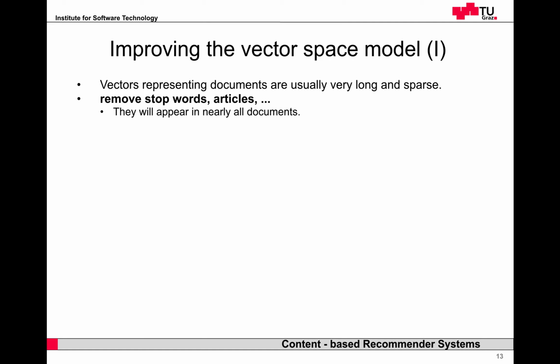Therefore, before the vector space model can be used to process any query, all documents must be pre-processed. So we should remove stopwords or articles from the documents. These keywords appear very frequently in every document, but they do not have a lot of informational content. And that's why we need to filter them out of the corpus.